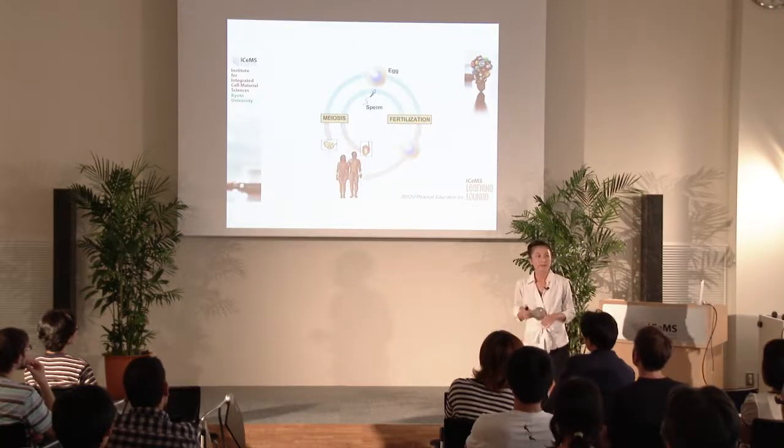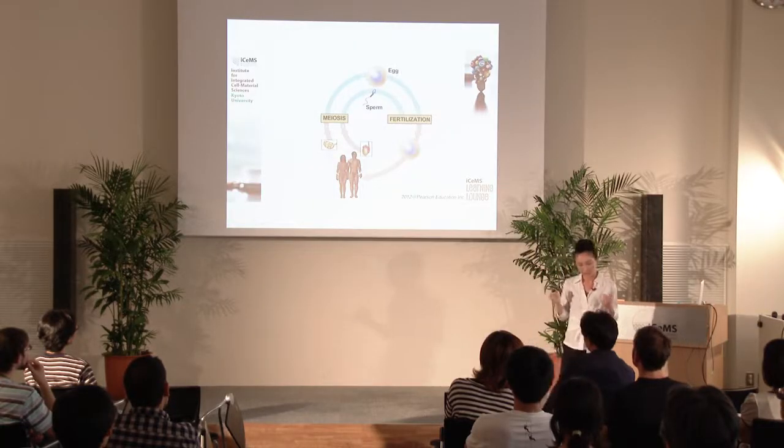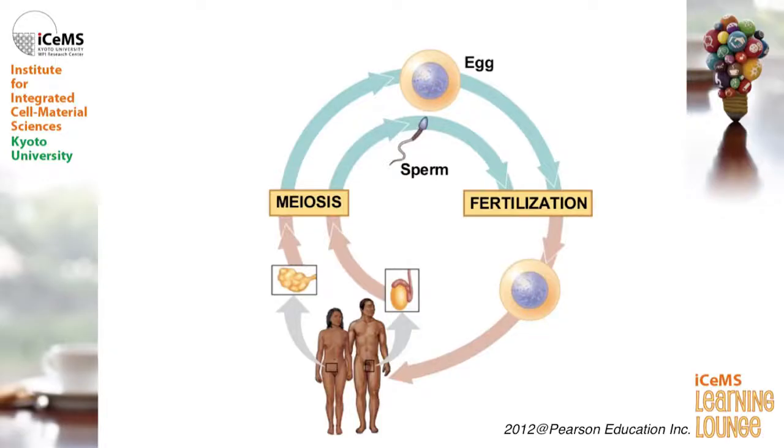So as you know, our lives start from a single cell, when your mother's egg cell came together with your father's sperm cell. As I told you, one single egg cell provides 23 chromosomes, and one single sperm cell provides 23 chromosomes, and this restores 46 chromosomes in a fertilized embryo.